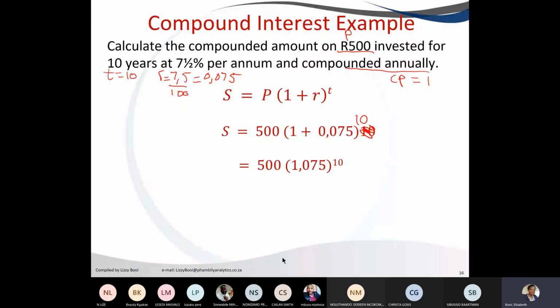And when we simplify the exponential, we get 2.06103 multiplied by 500. We get the answer of 1,032.52. Always money to 2 decimals because it's cents. And that's how you will calculate the future value of a compounded interest.